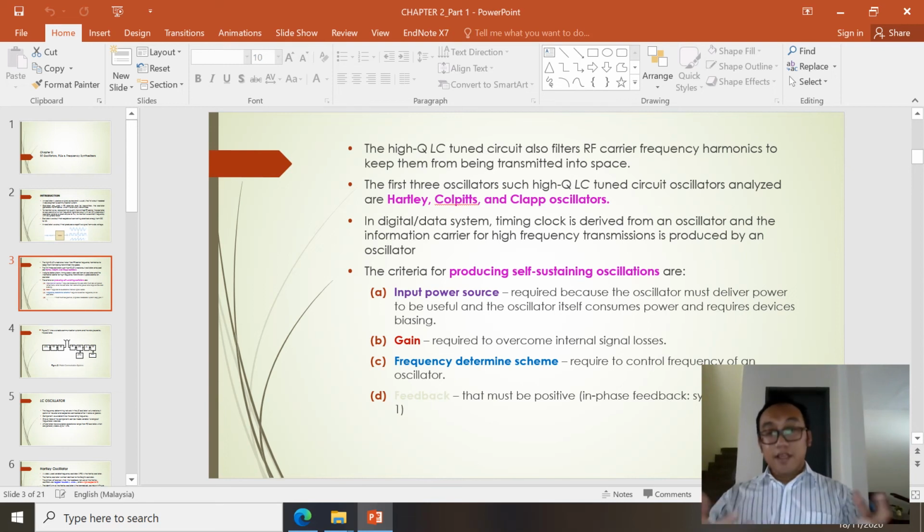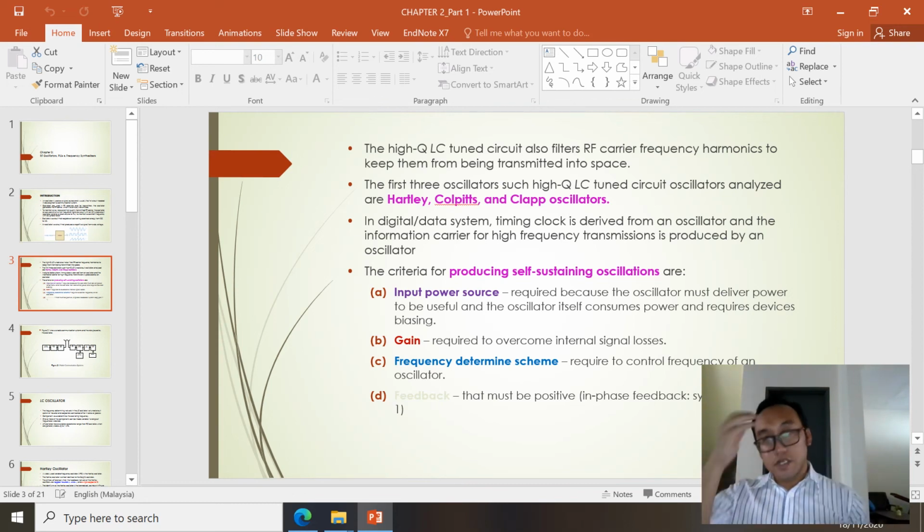Because every time we want to create a carrier, we need to create a big carrier, a huge frequency, because we want to put everything, the data, in before we carry it.